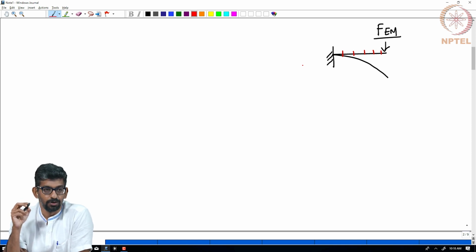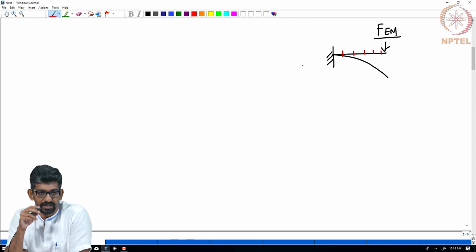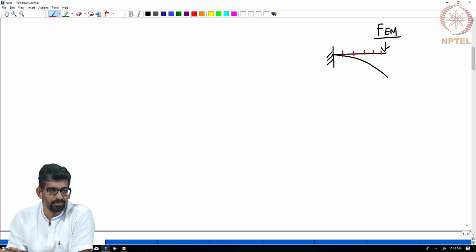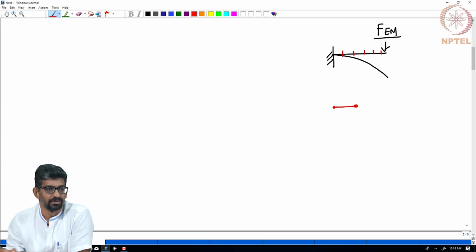The moment I say nodes, it means there are different types of elements that you can use. Since this was just a beam, you need to use something called a beam element in this particular case. Let us say that you are interested in something else that is going to vary across the cross section.